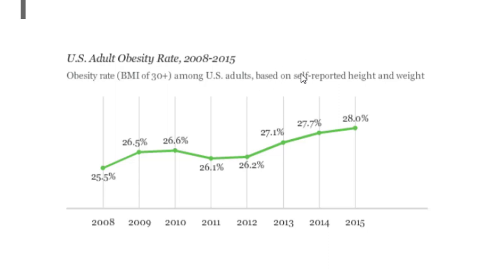Based on self-reported height and weight. I am going to pick apart this one right now. Self-reported height and weight means they contacted someone and asked them, how much do you weigh and how tall are you? And then that person told them how much they weighed and how tall they were. The problem is, it's not a measurement.